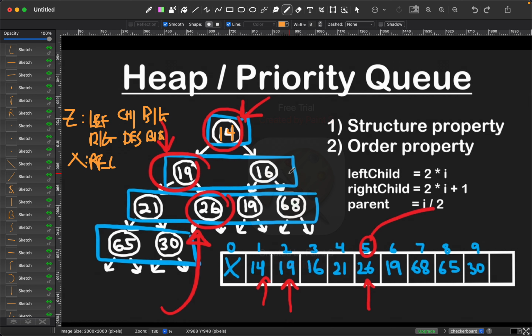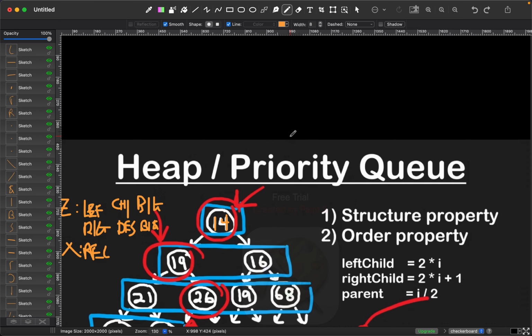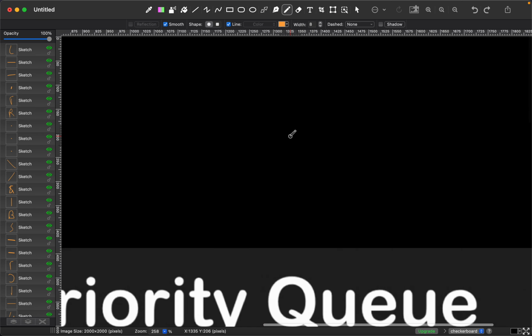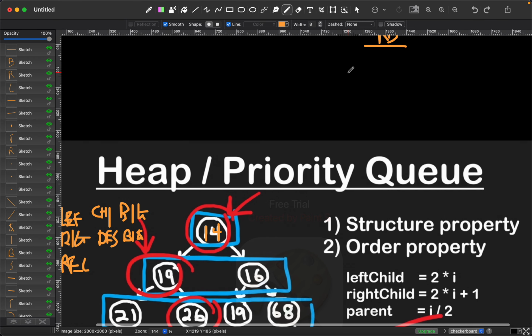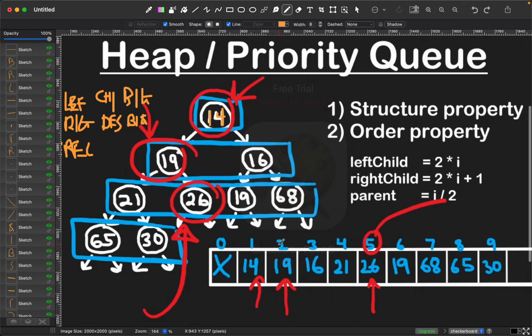Another thing is talking about the structure property. From how I see it, one of the rules under these guys is that having the structure property means everything has to be filled up.